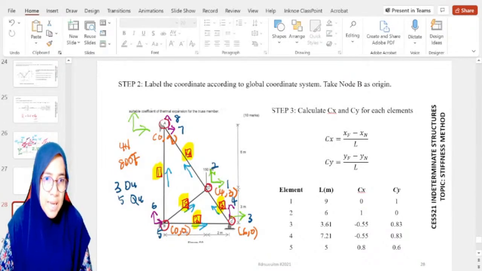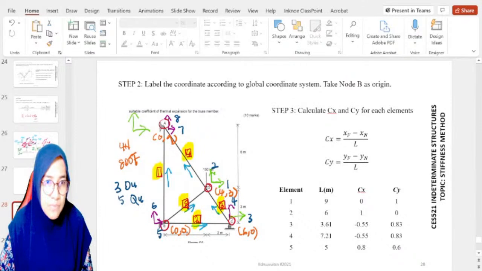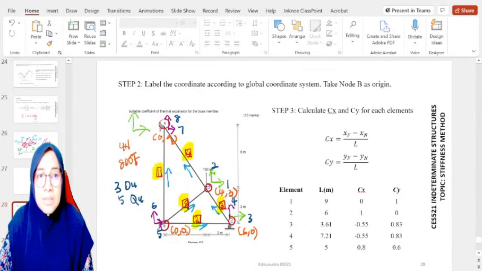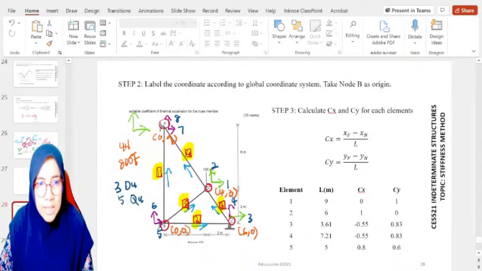For elements 3, 4, and 5, since these three elements are neither vertical nor horizontal, we have values for both Cx and Cy. For example, for element number 3, far is D, so it is 4 minus 6, which is negative 2, divided by the length 3.61.